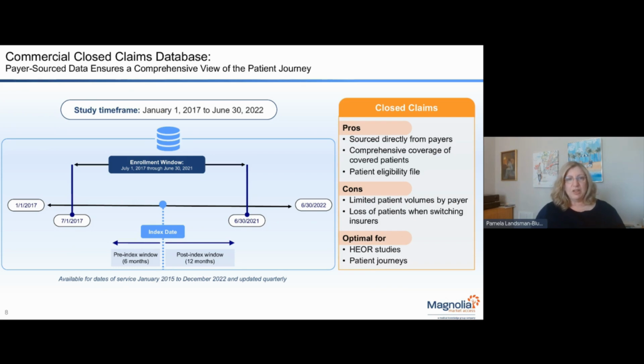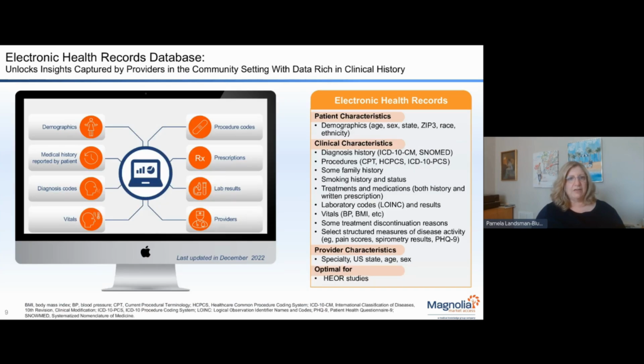So our closed claims are commercial closed claims. They are payer sourced predominantly from employer-sponsored plans. Then we have our electronic health records, which are providers who are based in the community setting. It is primary care as well as specialty data.